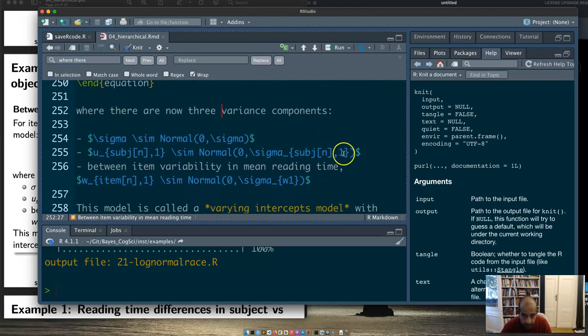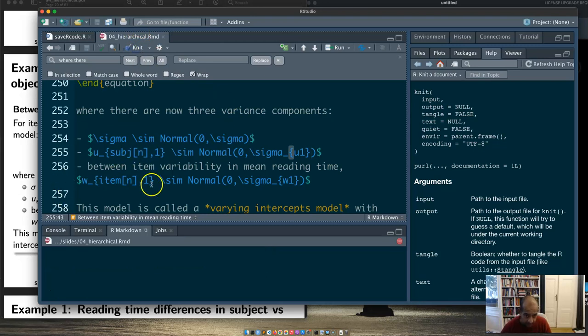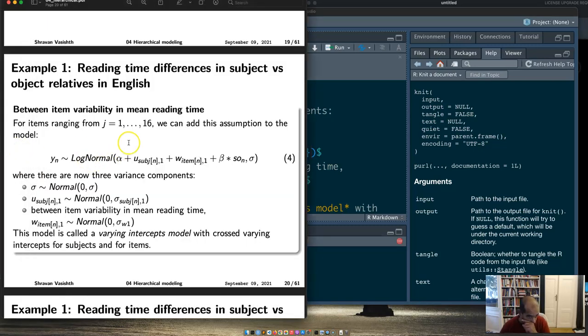This is not what I wanted to say here. I'm going to push this and change this, so it should be called U1, right? So it's very hard to get everything exactly right in this kind of stuff. So anyway, once I compile this file, this should change to sigma U1, right?